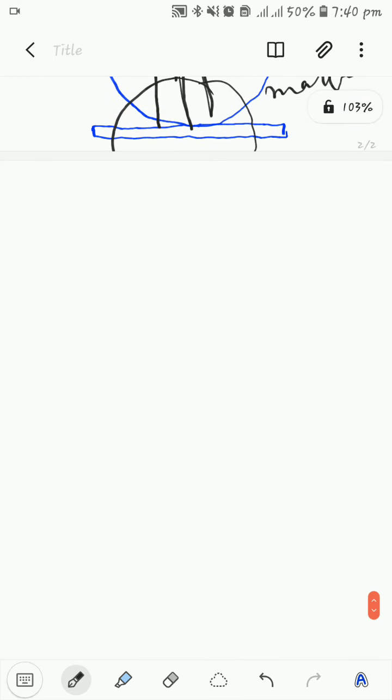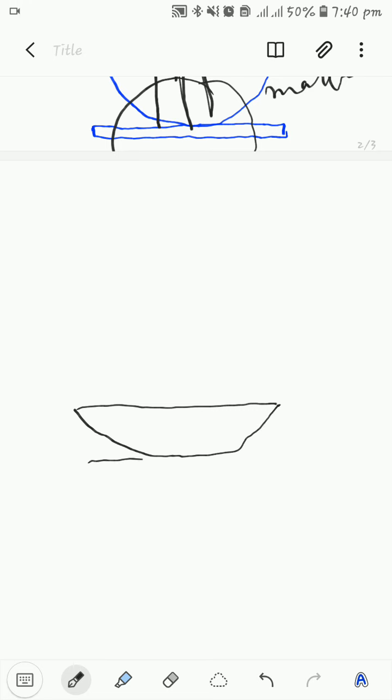So what basically happens in this part is, this is a plano-convex lens placed over a glass plate.